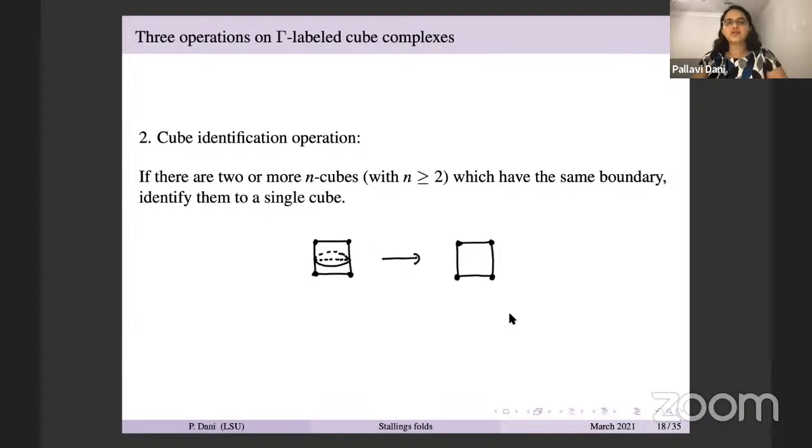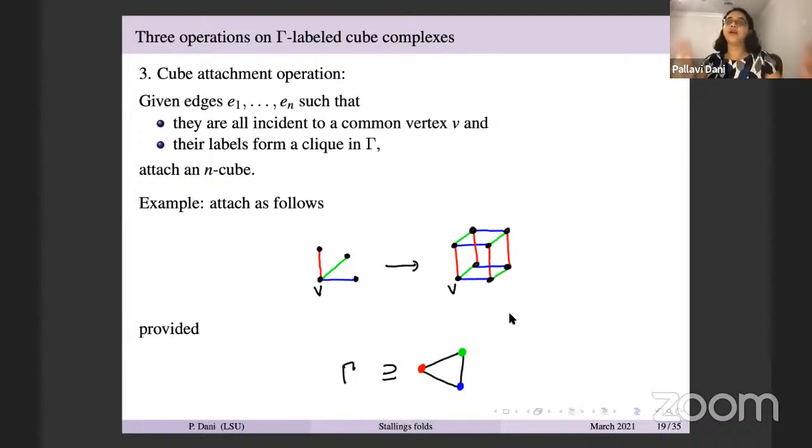Okay, so that's not too far from where we were, but now this is the part where we need to take care of the relations, so to speak. And here is something that's truly different: if in your complex you see some vertex with some edges coming out, such that the edges, in this case red, green, and blue, correspond to generators red, green, and blue, and they form a triangle, then there really should be a cube there.